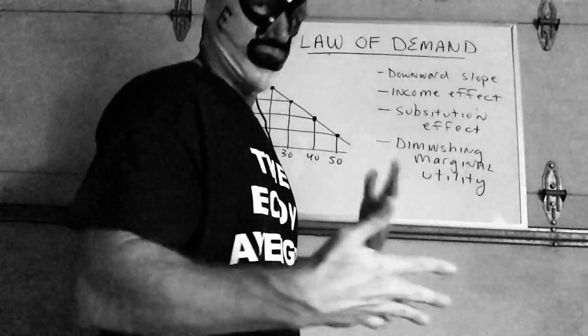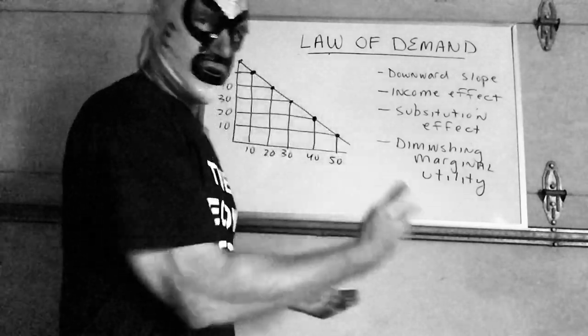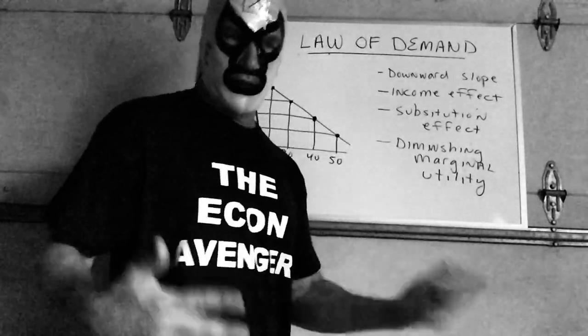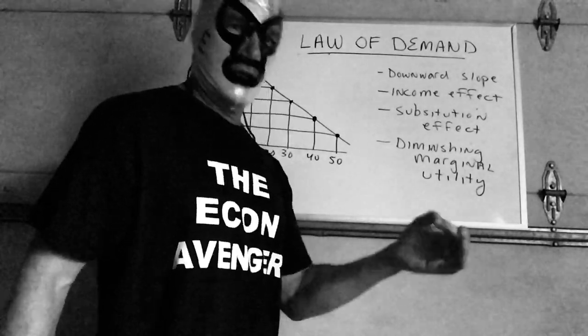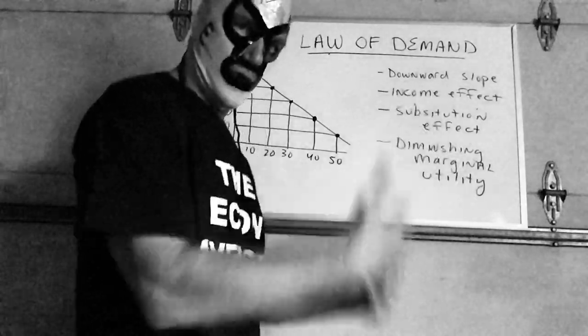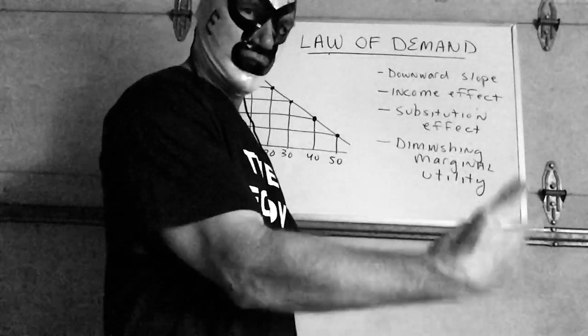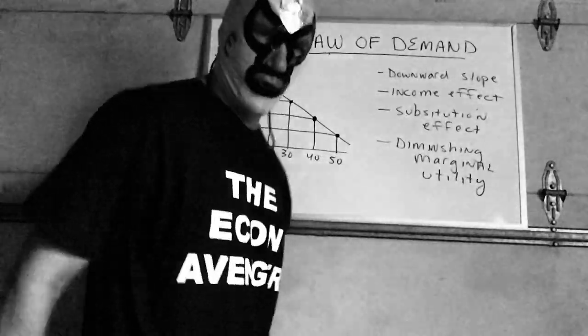So let's say this is for Coke. If you like Coke and Pepsi and the price of Coke is lowered, your quantity demanded should increase compared to Pepsi, because the competing products kept their prices the same. So you substituted more for that product.